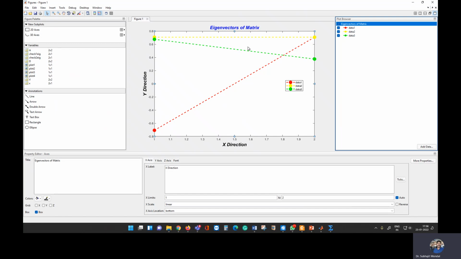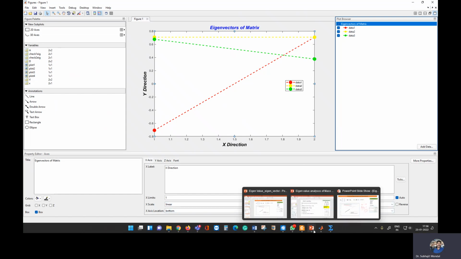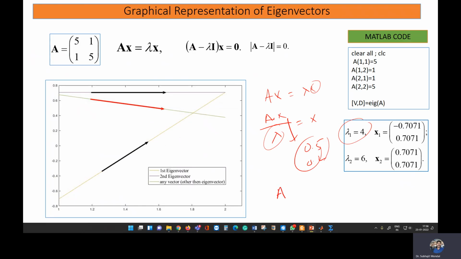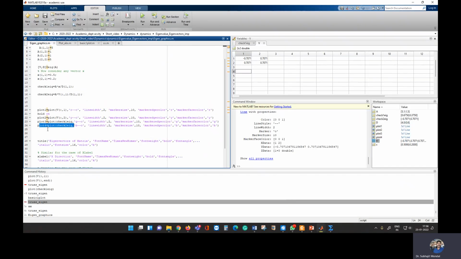Now if you multiply the matrix with the eigenvector, and then divide it by that eigenvalue, it should come out the same eigenvector that we obtained in the fourth plot.